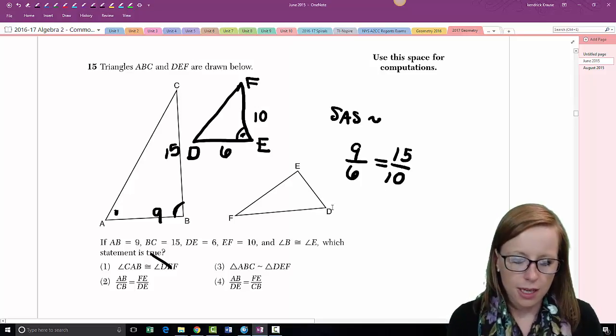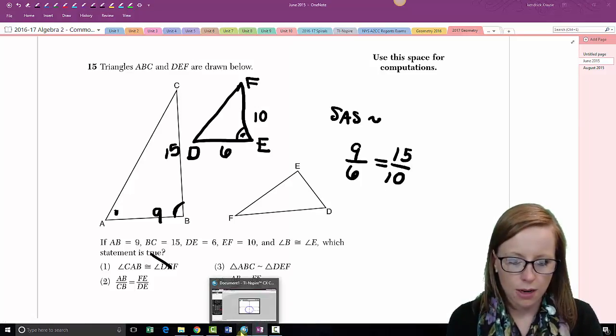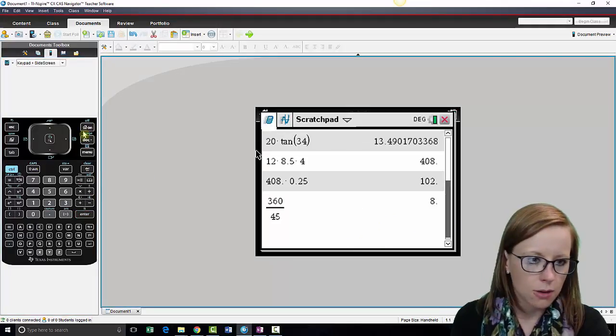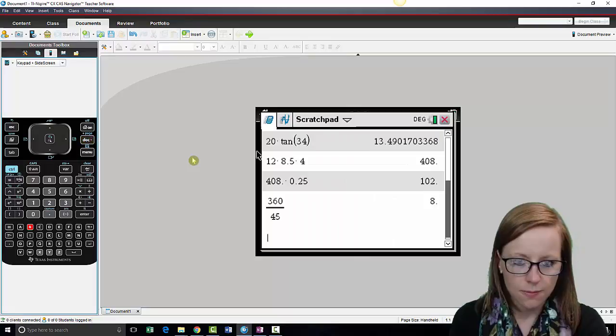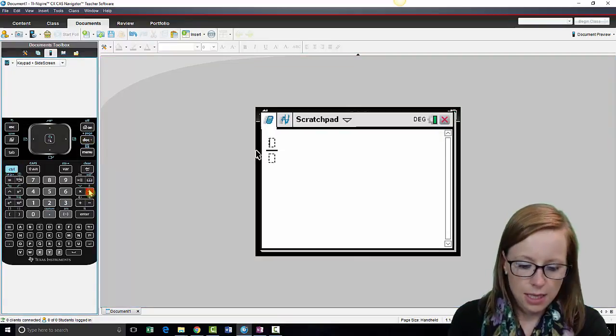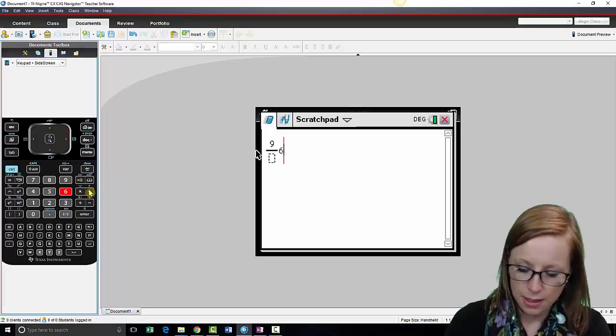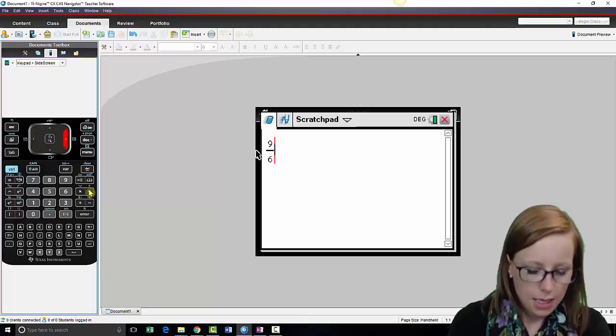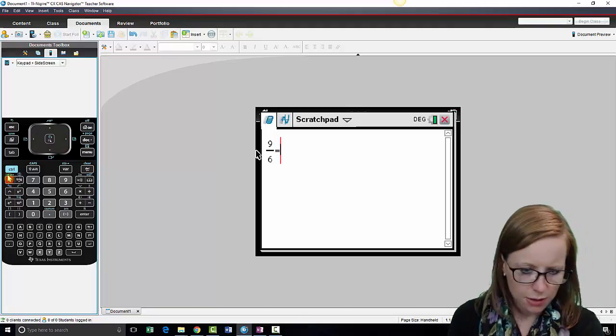Now I'm going to show you how to use the calculator to help you with that. So go here, go to your calculator, go here. What is it, 9 over 6? So let me do Doc B really quickly. Control divide. Is 9 over 6 equal to, what did we say, 15 over 10 or 10 over 15?